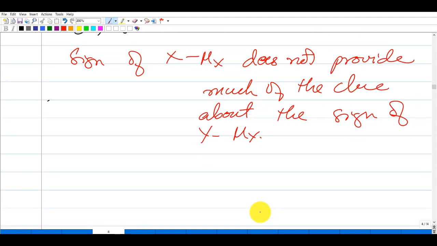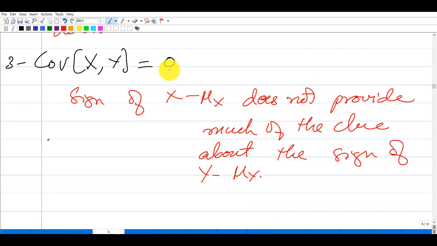So there is another issue, just like we have seen with the variance, that we get the units squared. So if somebody says covariance of xy is approximately, say, 0.1, whether it could be taken as approximately equal to 0 or not actually depends upon the units.